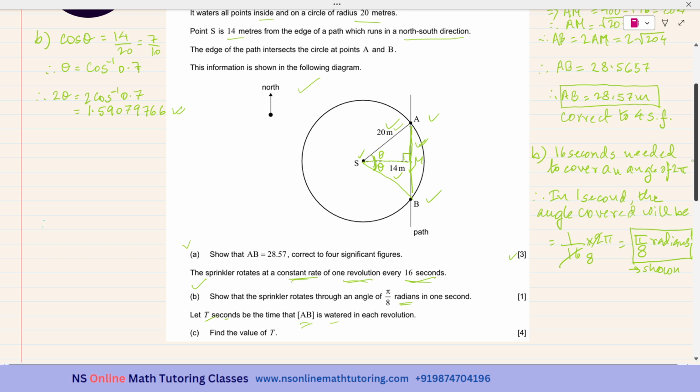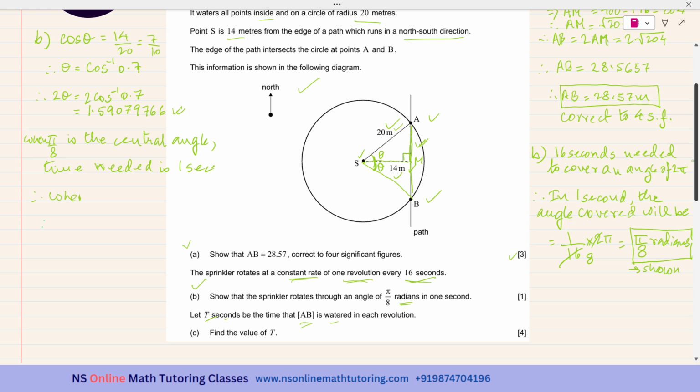So when pi over 8 is the central angle, the time needed is 1 second.